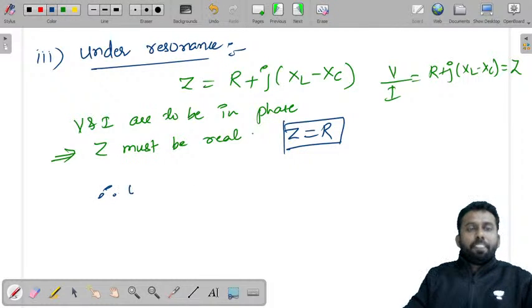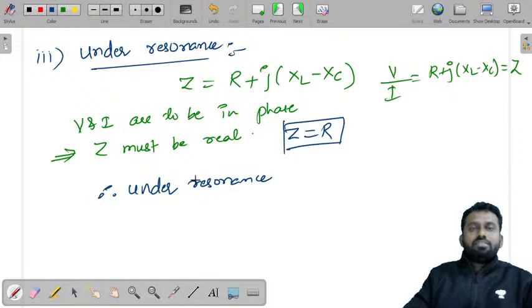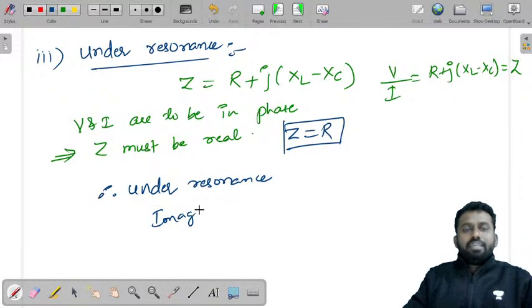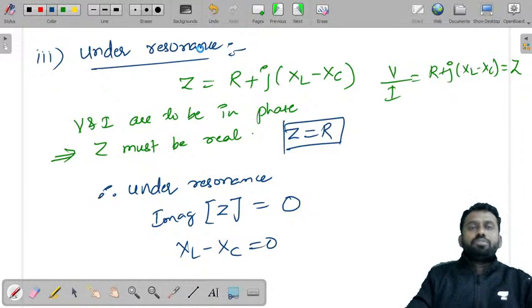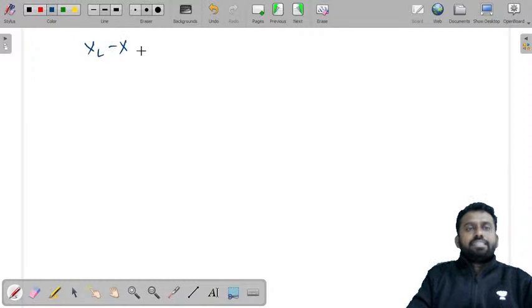So therefore, you can say under resonance, the imaginary part of Z is equal to 0, or XL minus XC is equal to 0. That is XL minus XC is equal to 0, but XL is equal to XC.